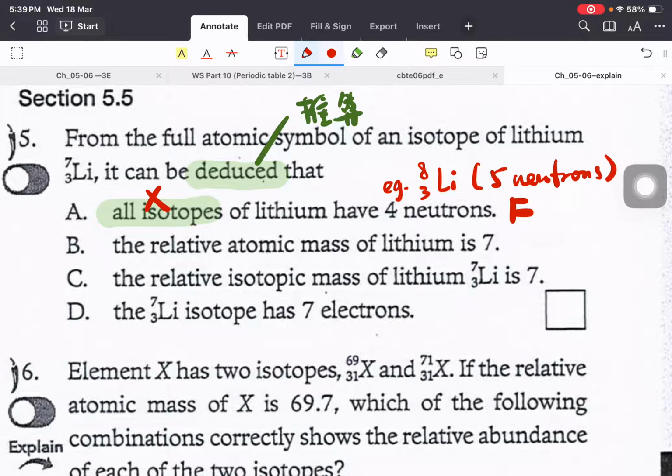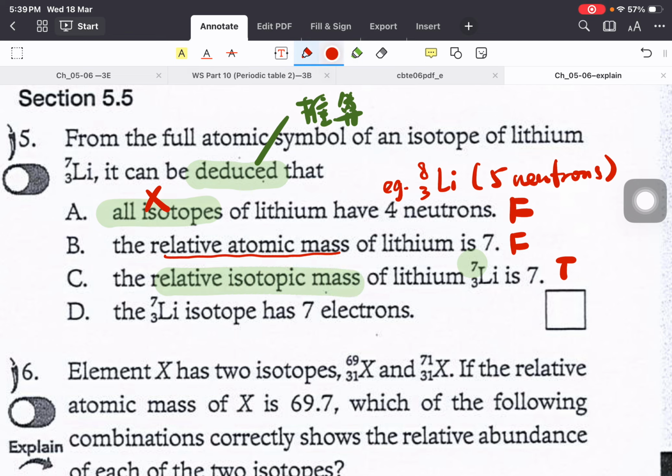And then B, relative atomic mass of lithium is 7. Relative atomic mass has to be calculated. Here it's just 7, so you can't say it is 7, that's certainly not right. It requires relative abundance. Okay, C, relative isotopic mass of lithium is 7. Right. True, because we can see this number is the relative isotopic mass.